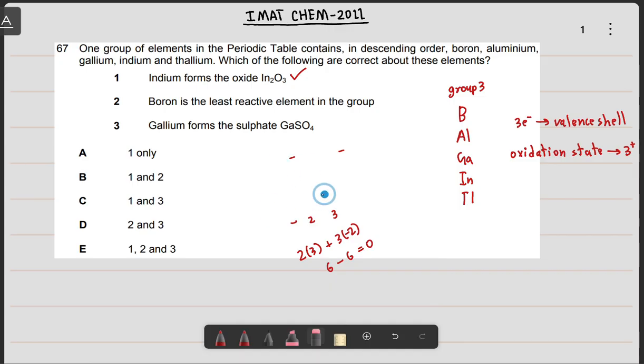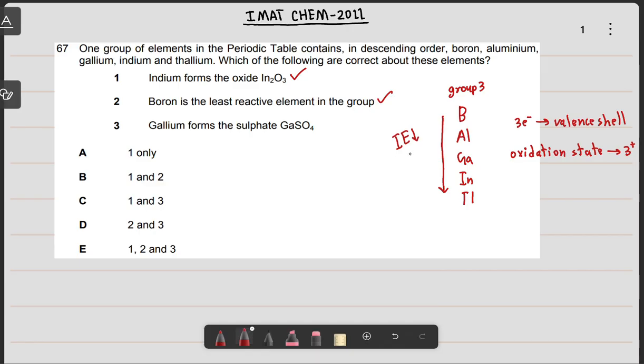So now let's move on to statement 2. Statement 2 is boron is the least reactive element in the group. So in group 3, boron is least reactive. Yes, this is true overall, because as you go down the group, the ionization energy decreases.